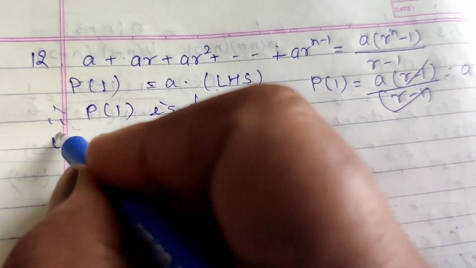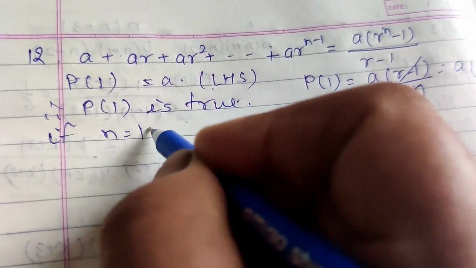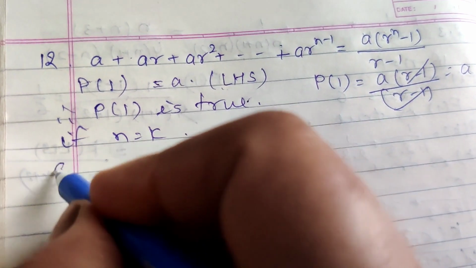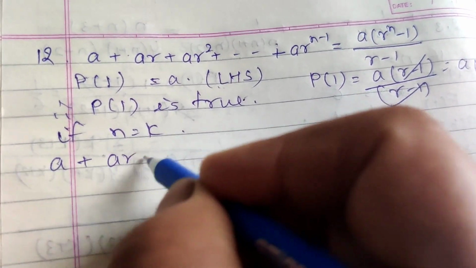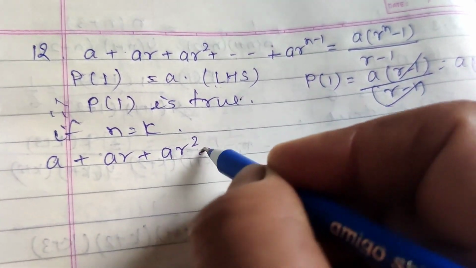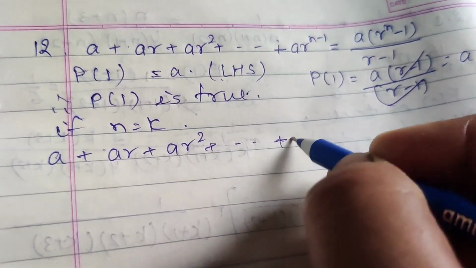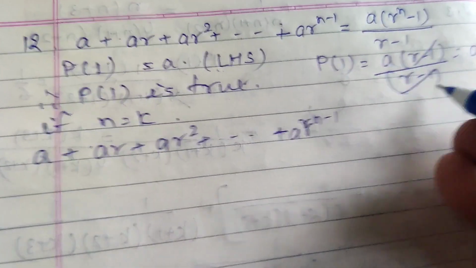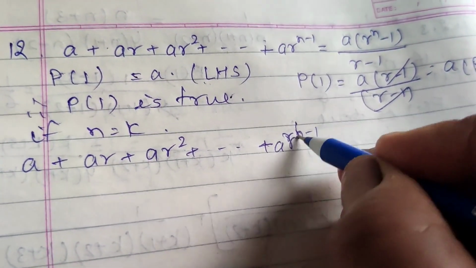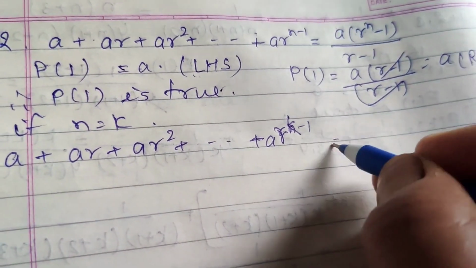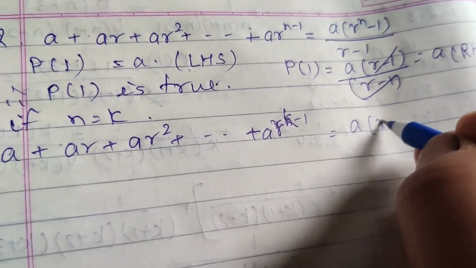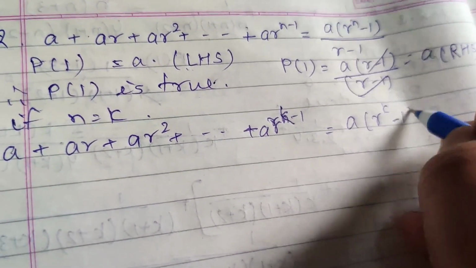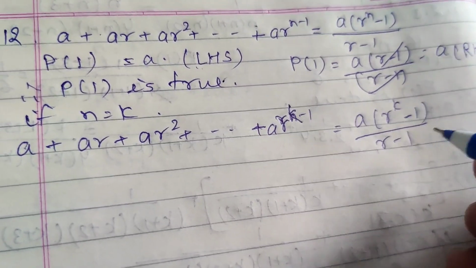For n equal to k, suppose there are k terms, the series becomes a + ar + ar^2 up to ar^(k-1). The sum is a(r^k - 1)/(r - 1).